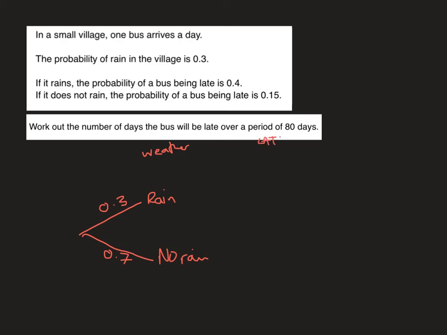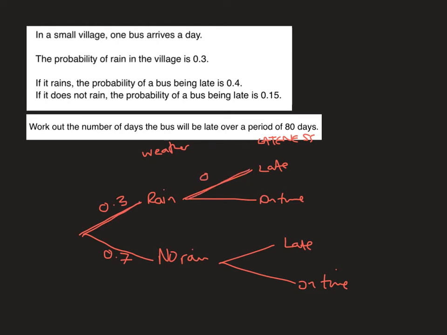the lateness. All right, so if it rains, even at that point, it's either going to be late or on time. And same if it doesn't rain, it's either late or on time. Then we need to make sure we're putting the right probabilities in. If it rains, so that's along here, the probability of it being late is 0.4.